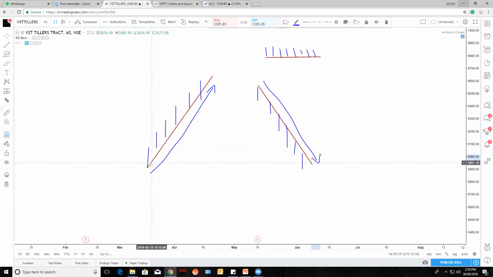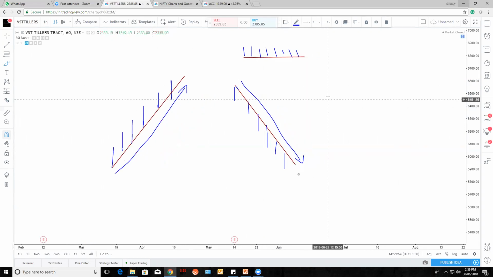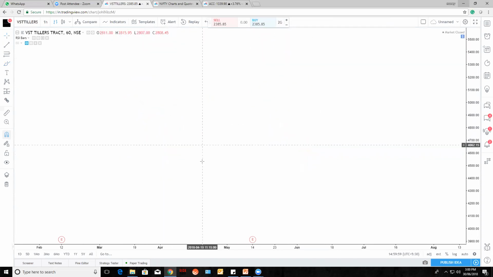For upward, you connect the lows of every candle. For the downside trend line, you connect the high of every candle. This is how we draw the trend line in basic technical analysis, right?